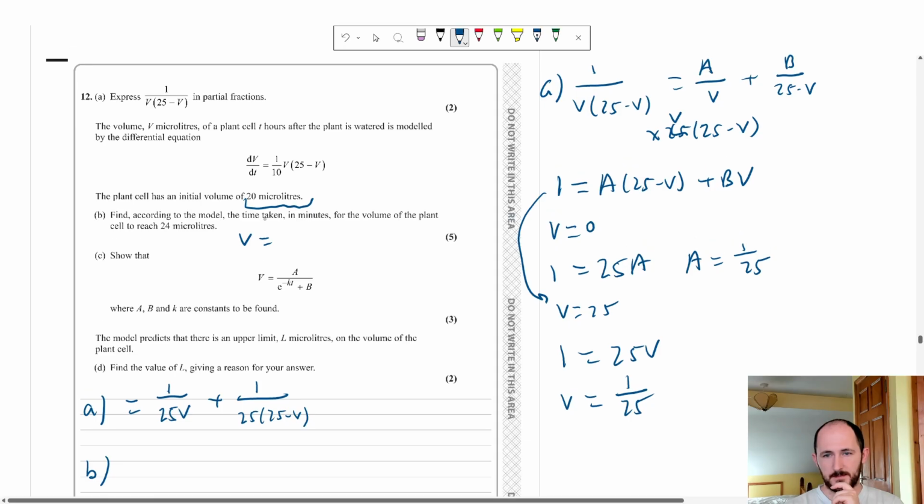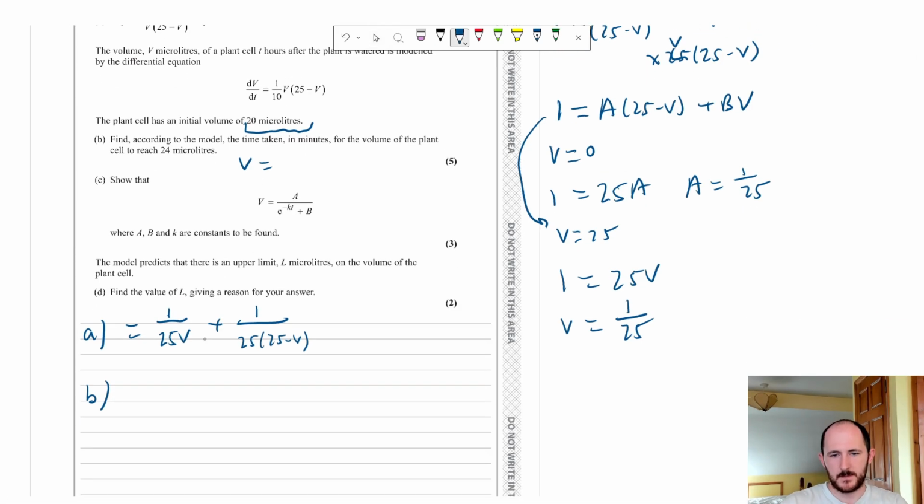Cool. So all we need to do is move the v's to one side, move the t's to the other. Just double checking. So if the v's go to the other side, we have 1 over v(25 minus v) dv, and we're going to have 1 over 10 dt.